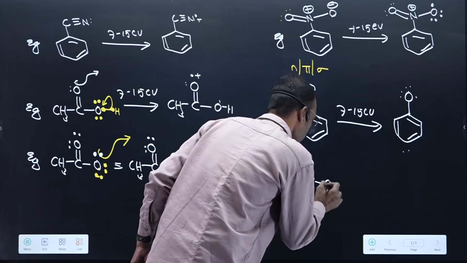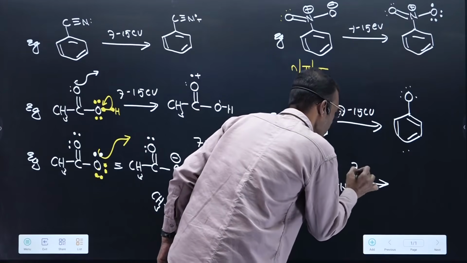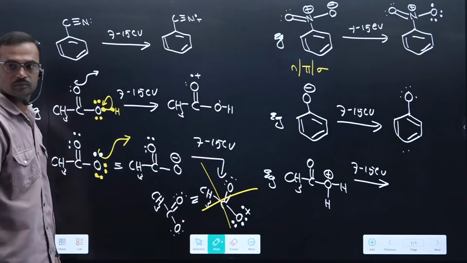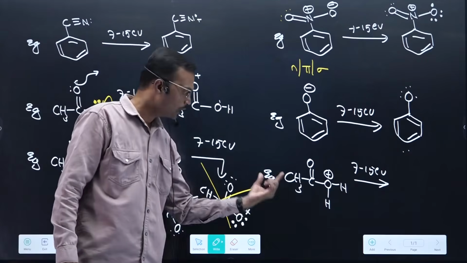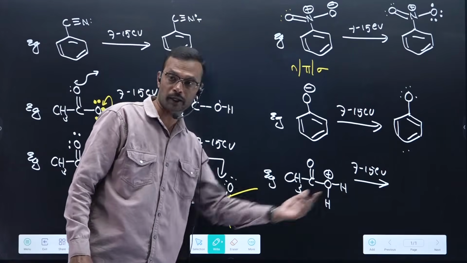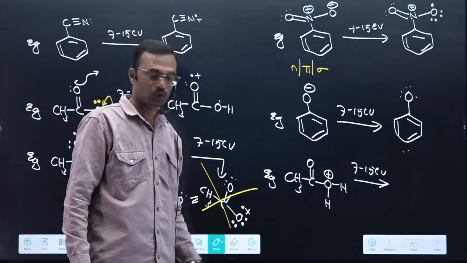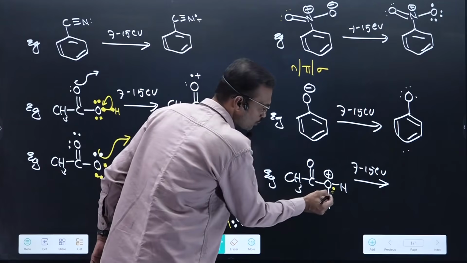CH3 double bond O and here H and here H and I retain positive. Now 7 to 15 electron volts. So where should I remove electron? If this is a molecule, what is its molecular ion? Now here one lone pair is there or not? Here how many lone pairs on this oxygen? 1 lone pair.